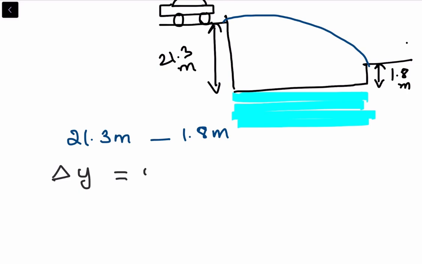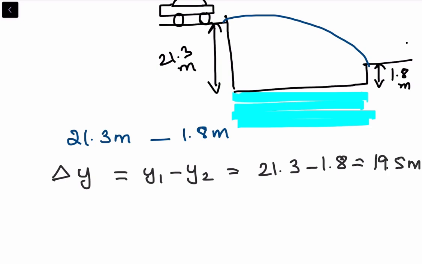Delta y is equal to y1 minus y2, that is 21.3 minus 1.8, which comes to 19.5 meters.